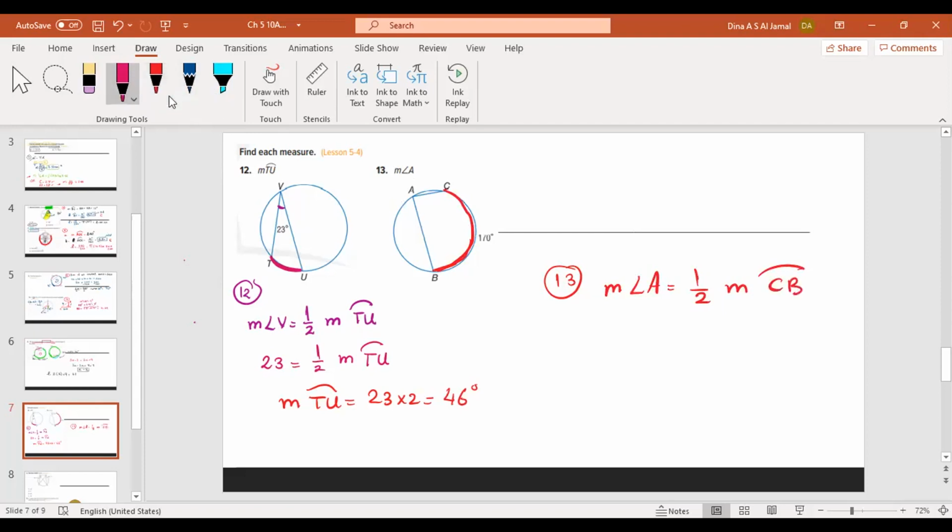So half of 170 will be equal to 85. So pay attention whether he's asking you to find the intercepted arc or the inscribed angle.